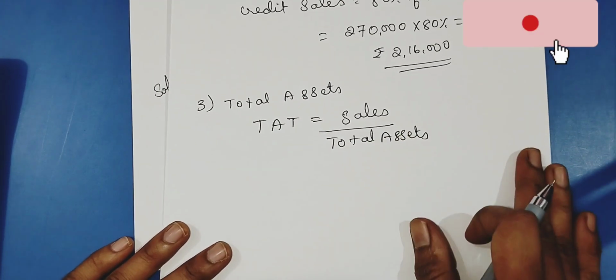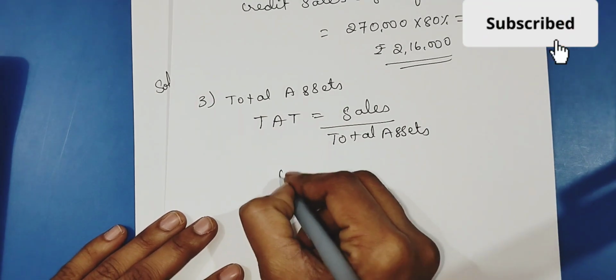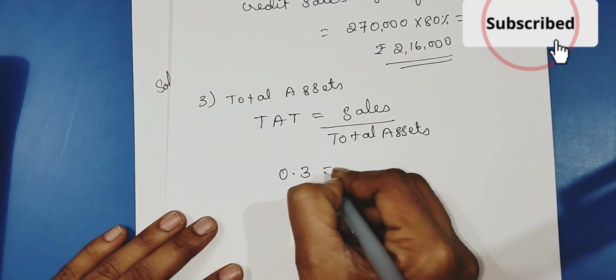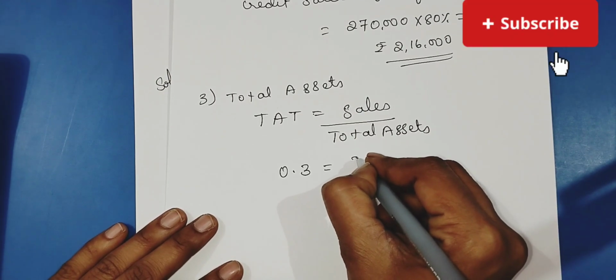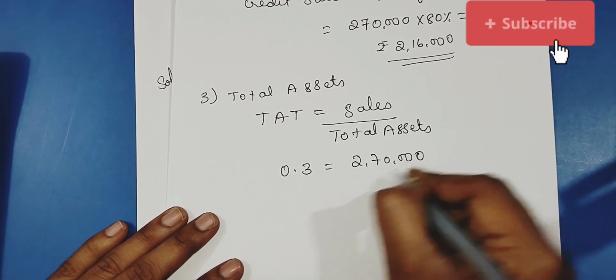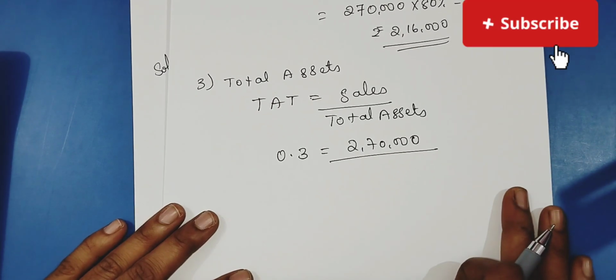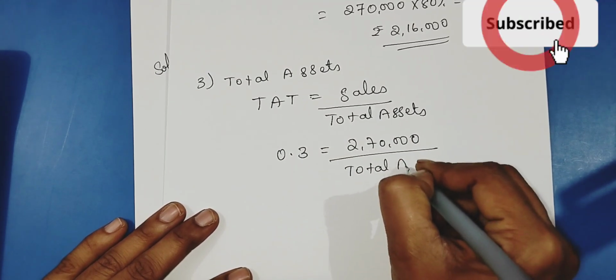Sales divided by total assets. Here the ratio is given. So what is your ratio for total asset turnover? It is 0.3 and sales is 2,70,000, our total sales, and total assets we need to find out.